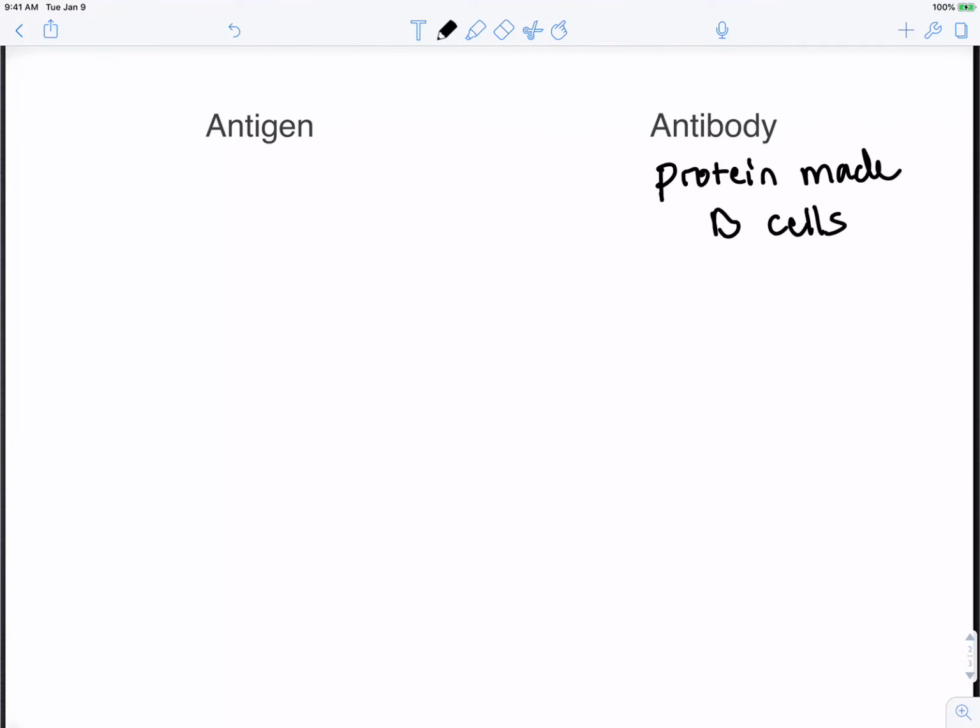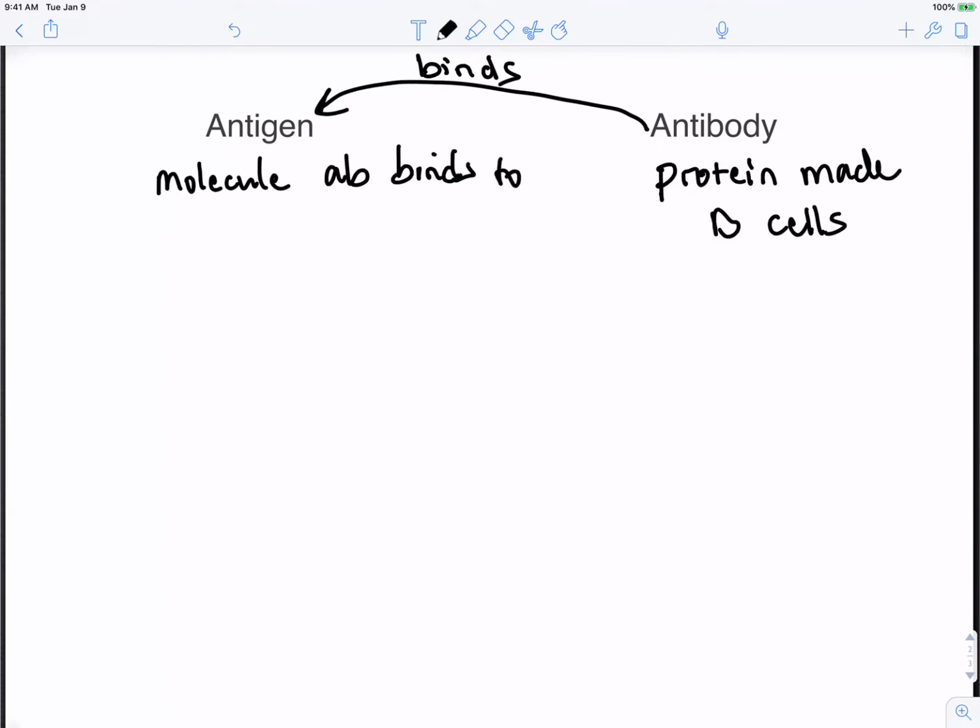Now, what's important about antibodies is that the antibody will bind to antigen. And so the definition of an antigen is a molecule that antibody binds to. Okay, so this is the definition of an antigen, a molecule that antibody binds to. So what does a molecule mean, and where does a molecule come from?